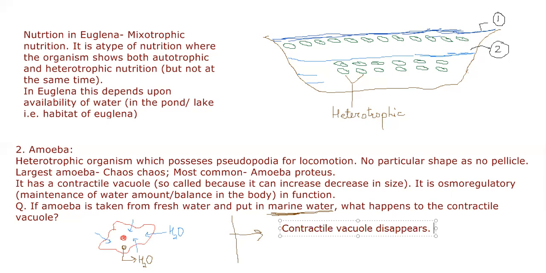The reverse would happen if we take amoeba out from marine water and put it into fresh water. Then the contractile vacuole will reappear.